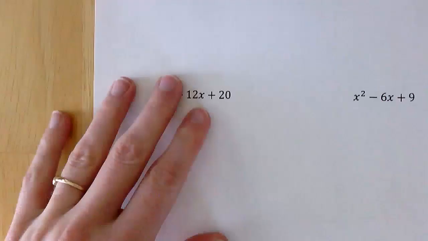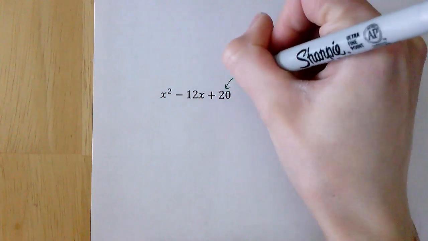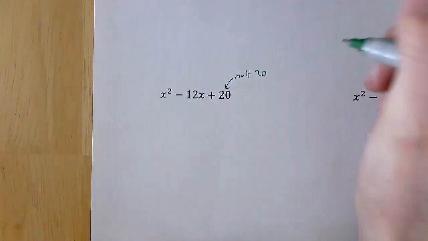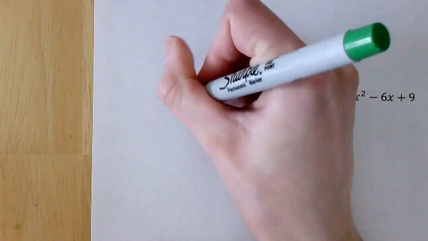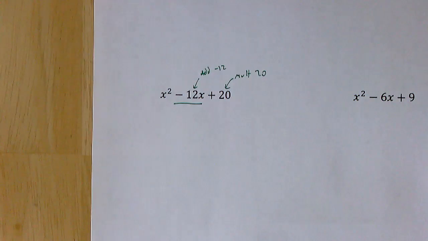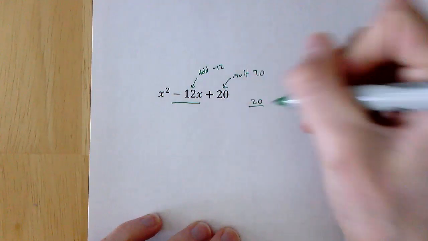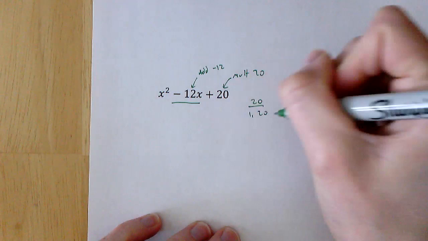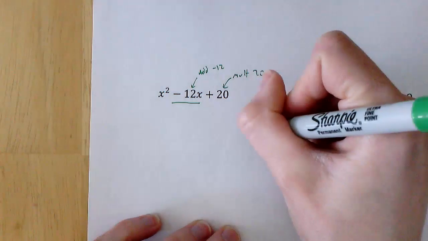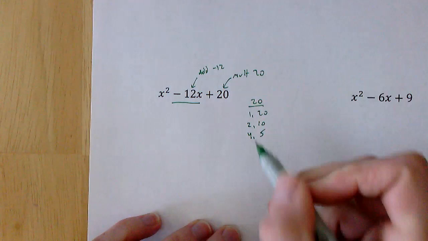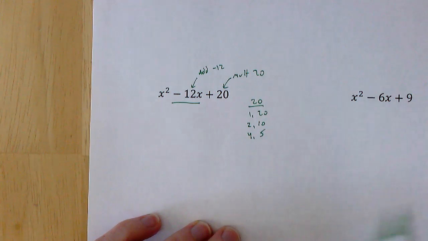All right, so let's take a look at this one. I need two numbers that are going to multiply to 20, and they have to add to -12. Watch that sign again. I'm going to make a list of all the things that multiply to 20. I've got 1 and 20, 2 and 10, 3 doesn't go into 20, but 4 does, 5 times. The next number I'd try would be 5, but 5's already in my list, so I know I've got them all.